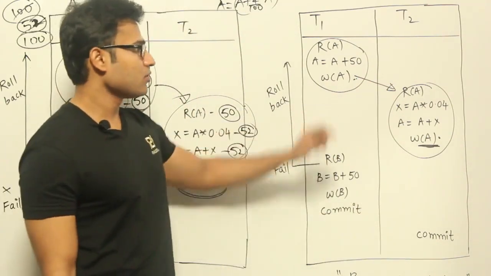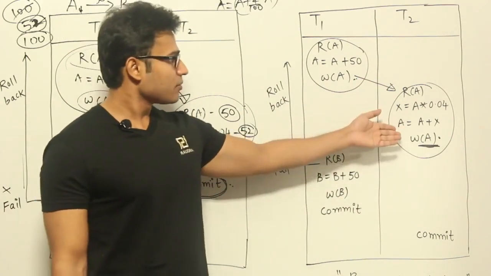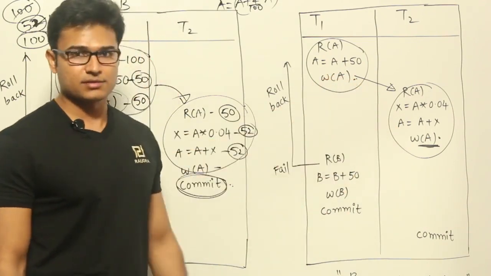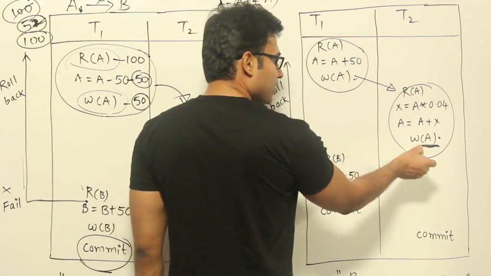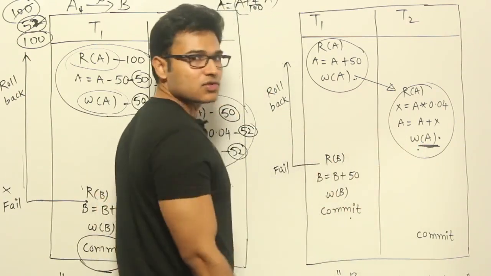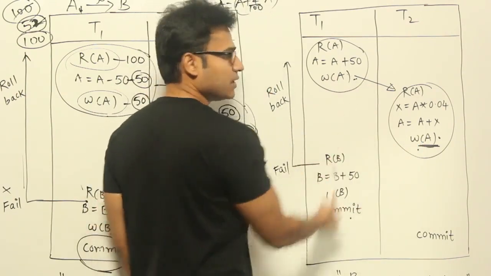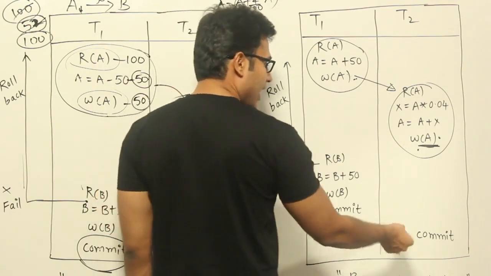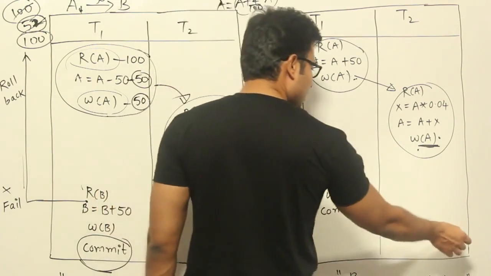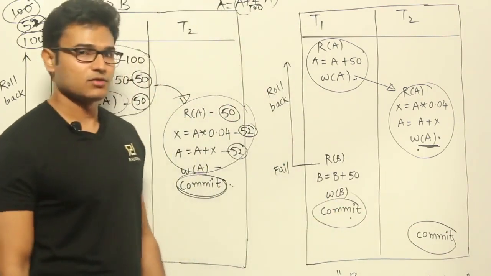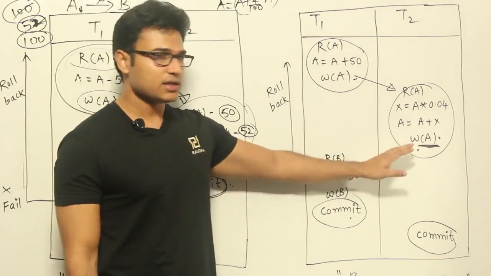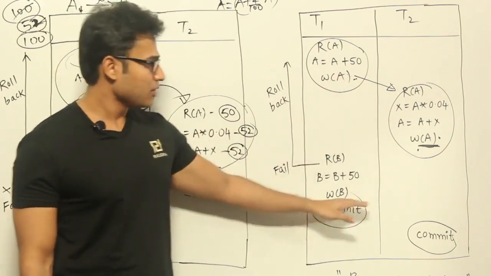If these changes are not going to be there, then your increase of 4% would have been done on this. Got it? So you just wait until the other person commits. Whenever you are doing this dirty read, you don't commit until the other person commits, which means the commit has to be ordered. So when you are performing a dirty read, just wait for the other one to commit, and only then you commit.